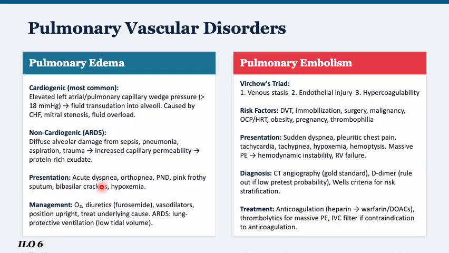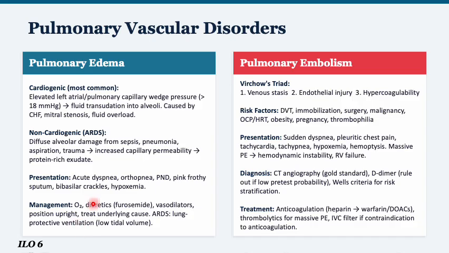Presentation with both, they can have acute dyspnea, orthopnea, paroxysmal nocturnal dyspnea. They can have a pink frothy sputum, bibasilar crackles, and hypoxemia.